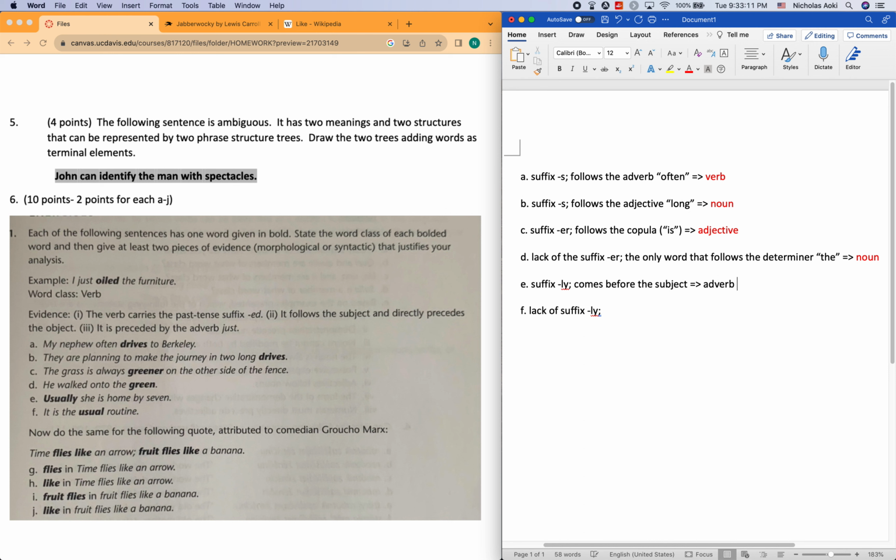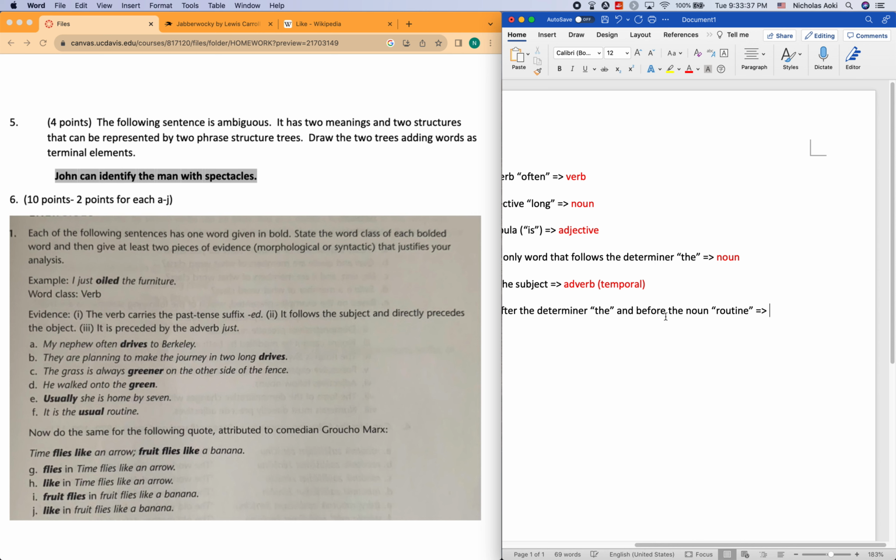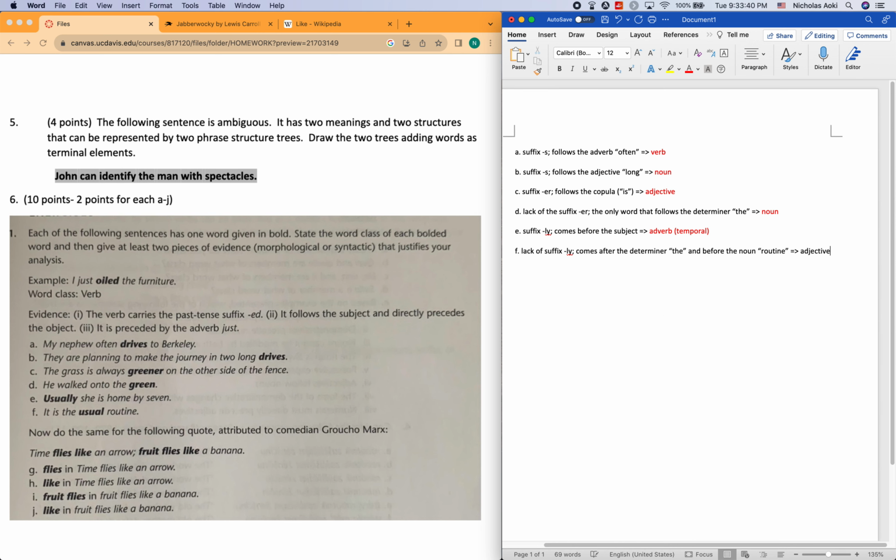It's an adverb, and specifically a temporal adverb, so it has to do with time. In F, we can see that usual comes after the determiner the and before the noun routine. And we saw before that was evidence for being an adjective. So that's the answers for E and F.